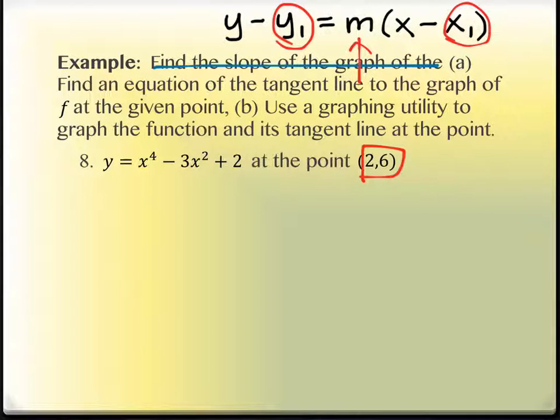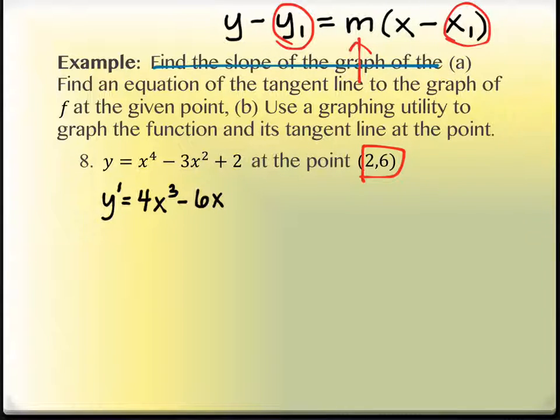So what in fact is the derivative of x to the 4th? What's that one? 4x to the 3rd, good. What's the derivative of 3x squared? Negative 6x. And then the derivative of the 2? It's 0, yeah.